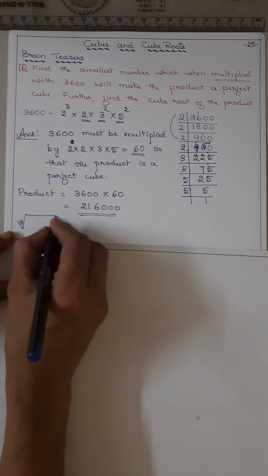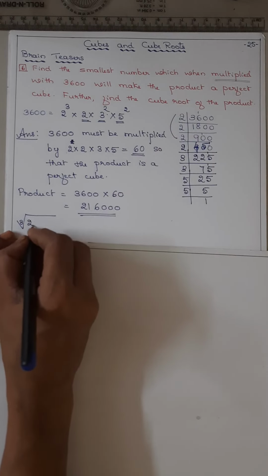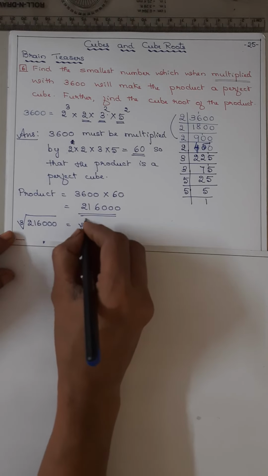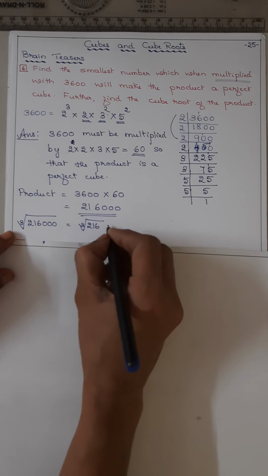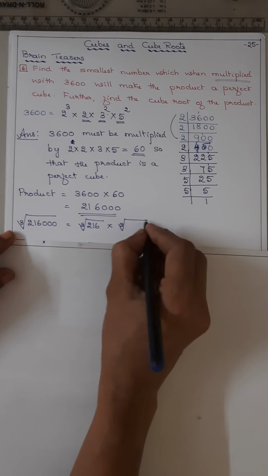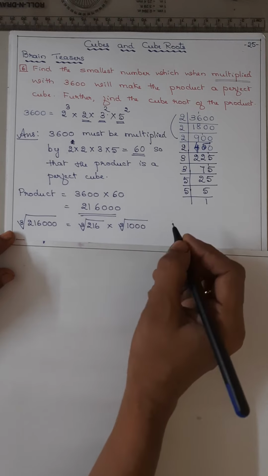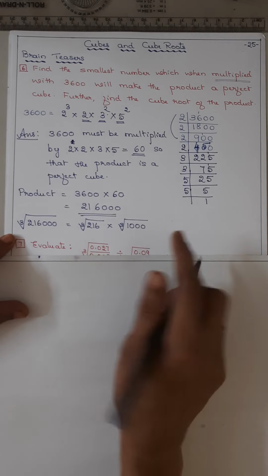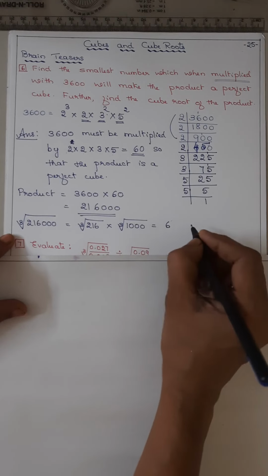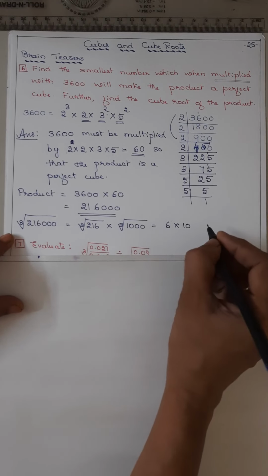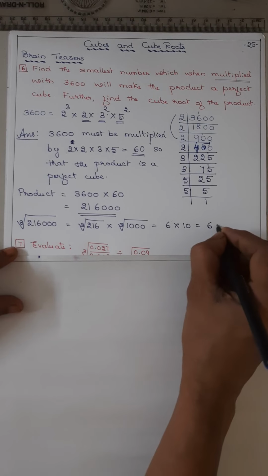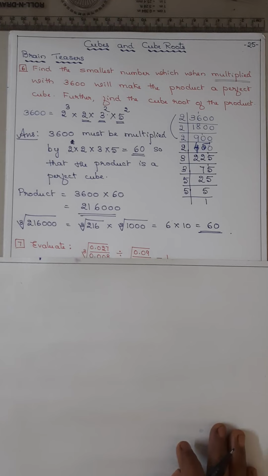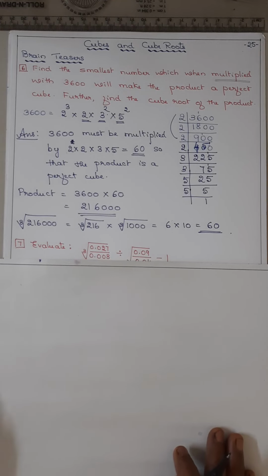Now find out the cube root. 216,000, how to find out? Easy method is cube root of 216 and cube root of 1000. Isn't it? This can be written as 216 and 1000. That means 216 is of 6 and 1000 is of 10. So the answer is 60. Hope you understood this.